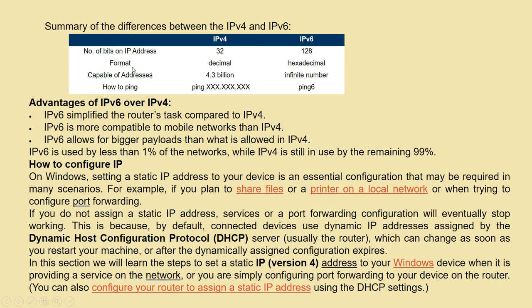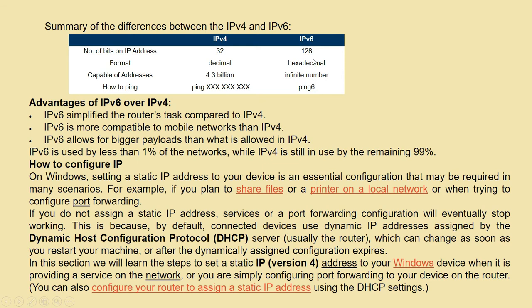The format of IPv4 is decimal, whereas v6 is hexadecimal. The number of addresses for IPv4 is about 4.3 billion, whereas v6 has a virtually infinite number. And for ping, whenever you ping an IP address for v4, you use ping followed by the number in that format, whereas for v6, ping6 is to be written.